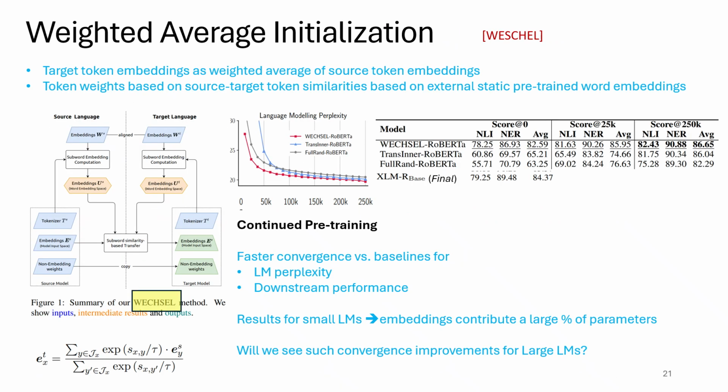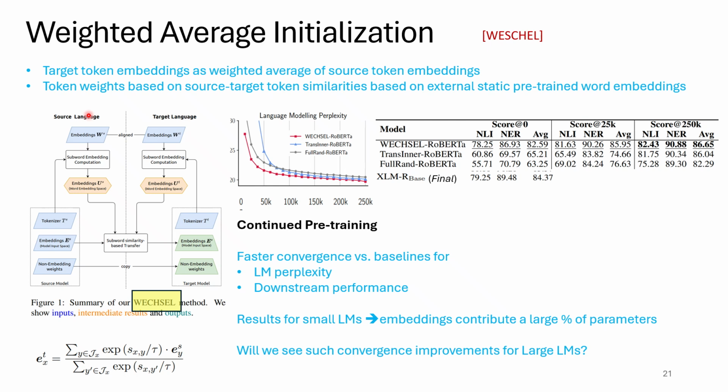For that, as we just discussed, there are these methods based on weighted average initialization, and the key idea is that these target token embeddings are weighted averages of source token embeddings, and the token weights are based on similarity between the source or the original tokens and the tokens in the new vocabulary. Now, how do we get these similarities?